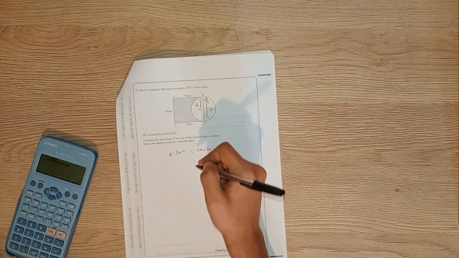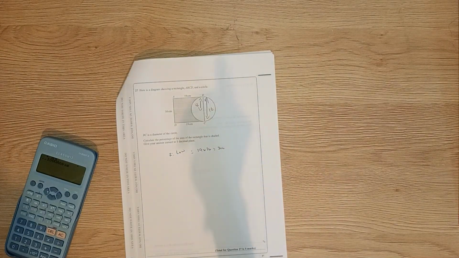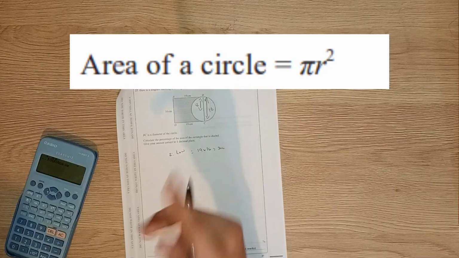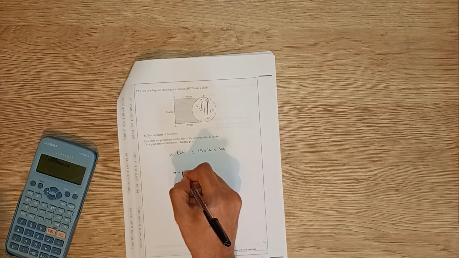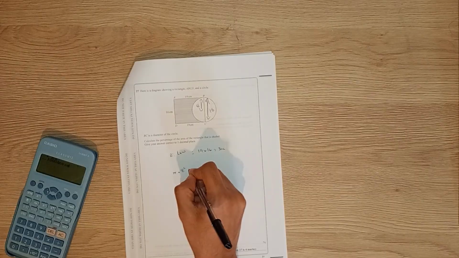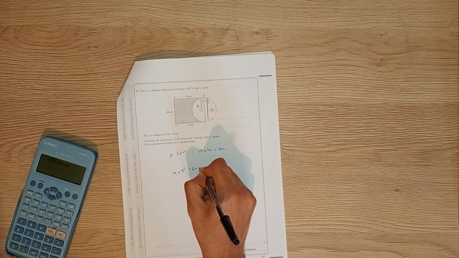Right? So then we know the equation. I'll pop it right there once again. You get the equation like that. So you can do pi times r squared, which is 8 squared. And that would equal 64 pi.